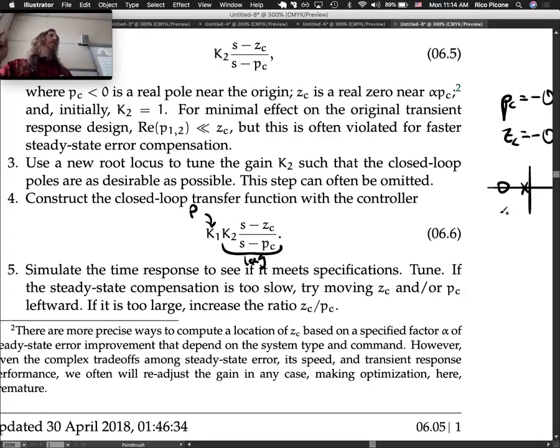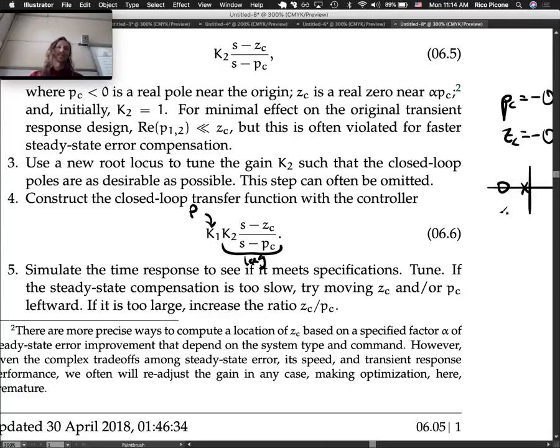So if we move them leftward, we could screw up our initial transient response somewhat, but we're usually willing to do that a little bit. We'll move them leftward a little bit, and we'll see at what point does the performance sort of balance for us. Like when is the steady state error compensation happening quickly enough, but not screwing up our transient too much.